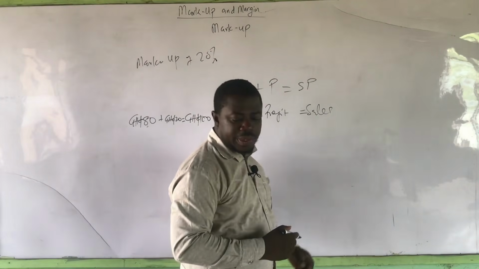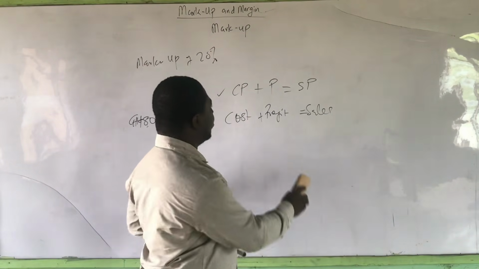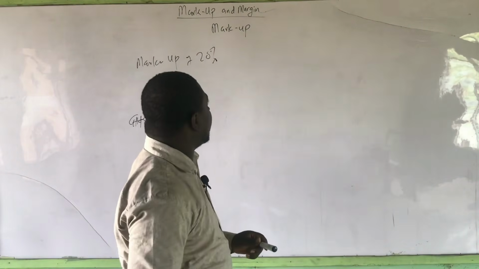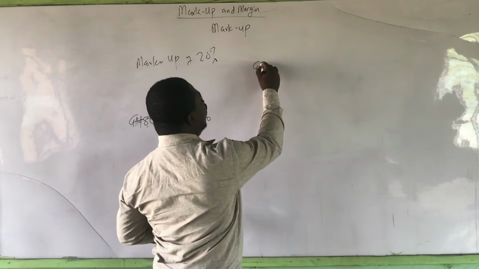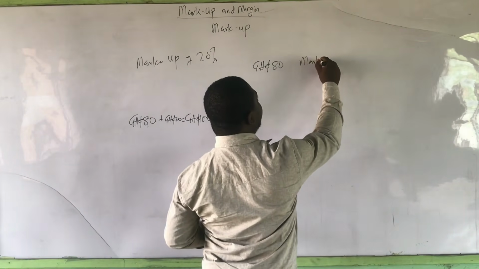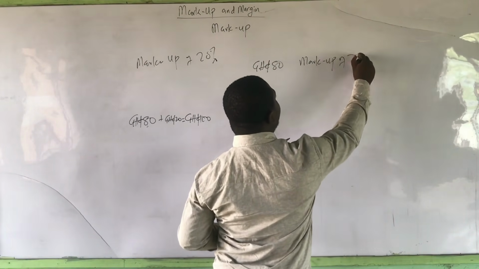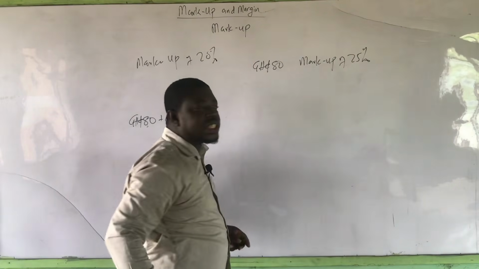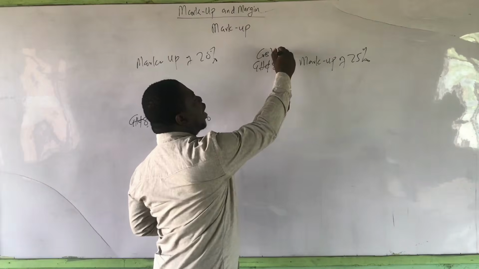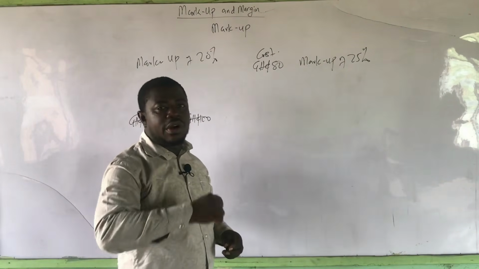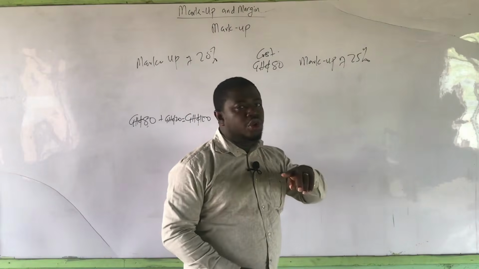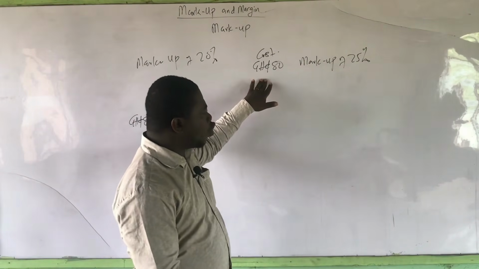So let us assume that you bought the thing for 80 cedis and you were told that you will sell at a markup of 25%. You sell your products at a markup. So you bought it, the cost price is 80 cedis, but you are going to sell it at a markup of 25%. I told you that markup is calculated on cost.